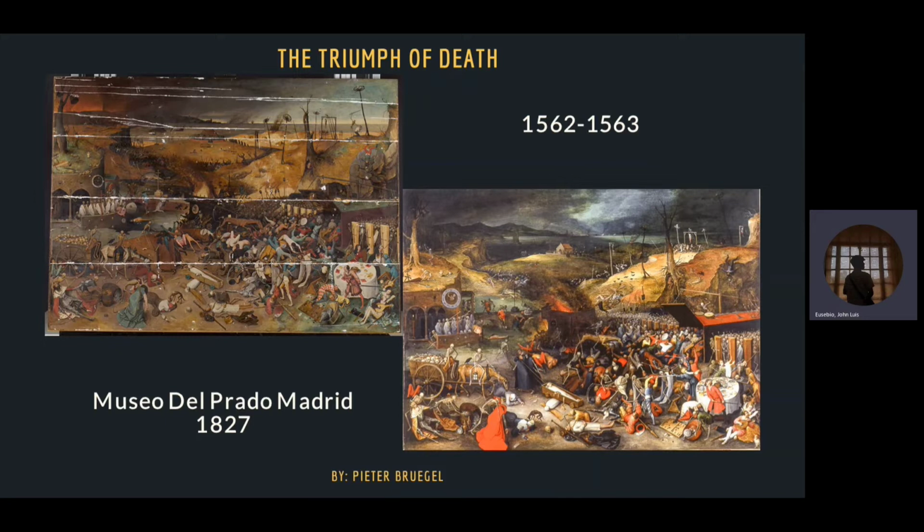As we can see in our presentation, on the left part is the unrestored painting of Pieter Bruegel, and on the right part is the painting which is already restored with the sponsorship of the Museo del Prado, Madrid.